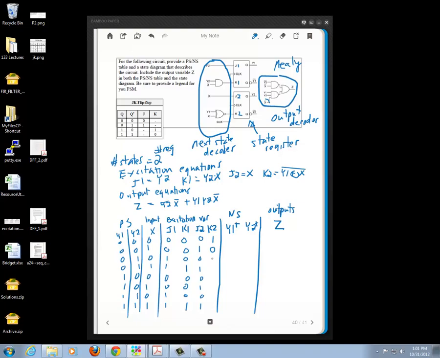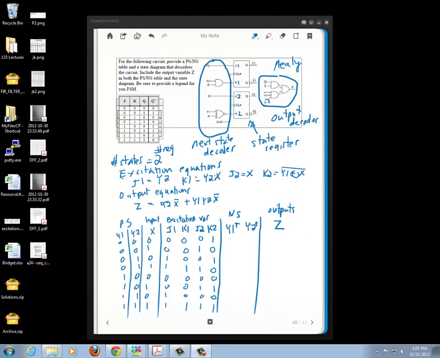Y1 and X are the same, different, different, both 1 so they're the same. Now they're different, 1 and 0, different, 1 and 1, the same. So I would end up with this column as my K2.